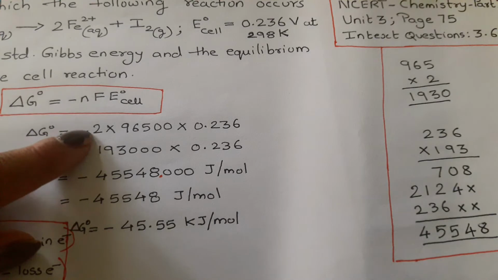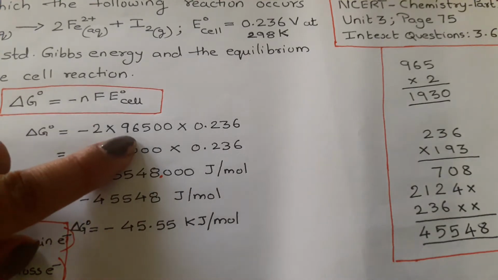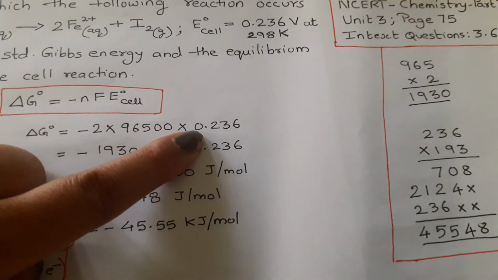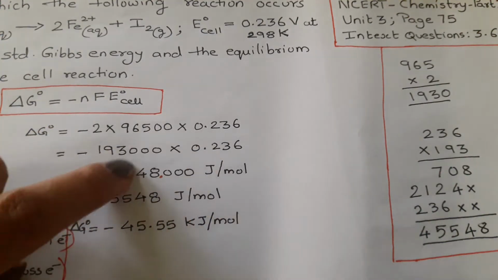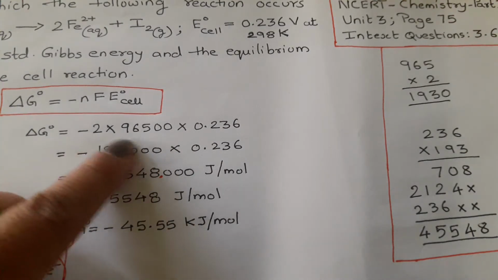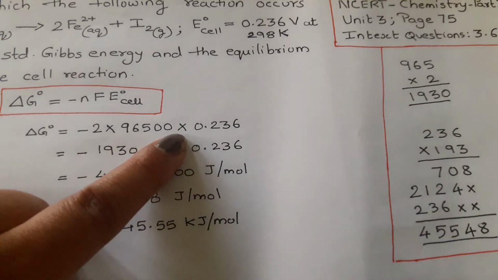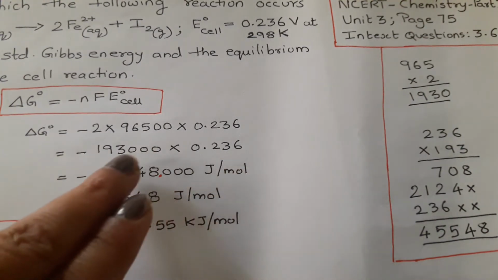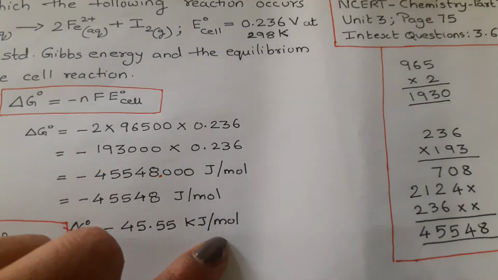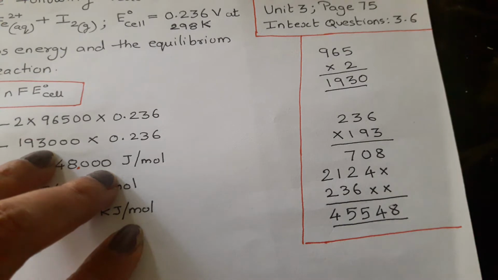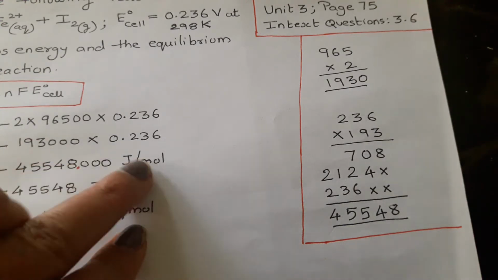Let's substitute the value of n, the value of F, and the given value of standard cell potential, that is E naught cell, in this given equation, and we solve it. So this is very simple multiplication, 2 into 96500, and then the bigger numbers are there. In this case, it's always better to multiply the numbers as numerals, leaving the zeros and the decimals.